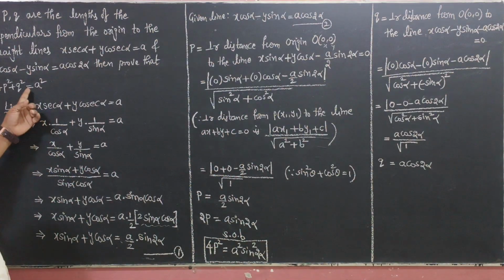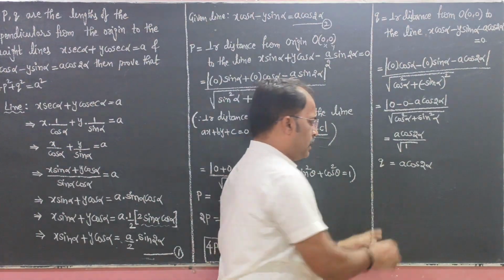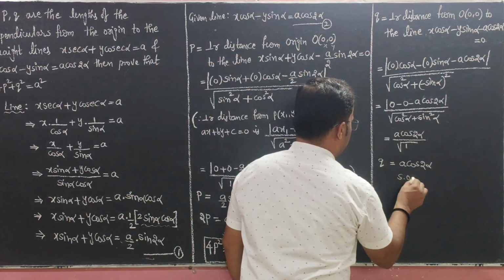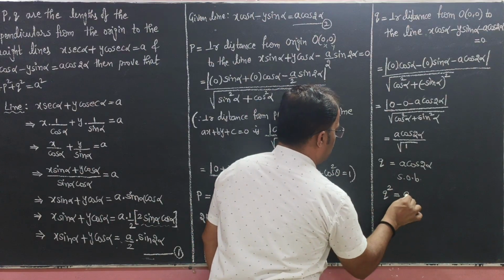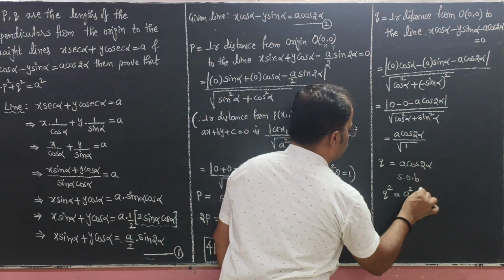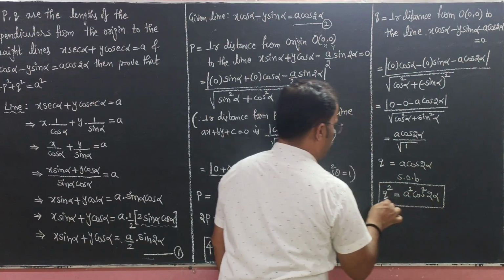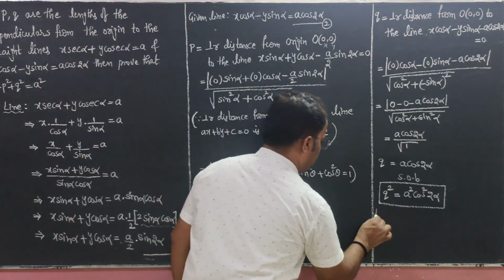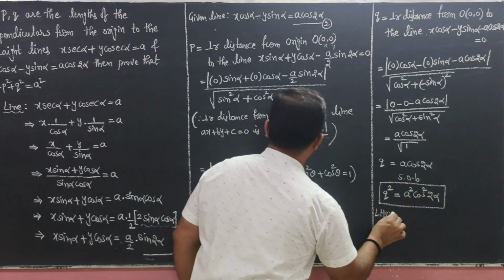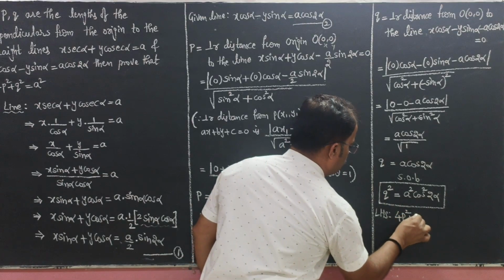So see, in LHS q square is there but here q is there, means squaring on both sides: q to the square equals a to the square cos to the square 2 alpha. Here one more term is completed. So now what is the LHS? 4p square plus q square.